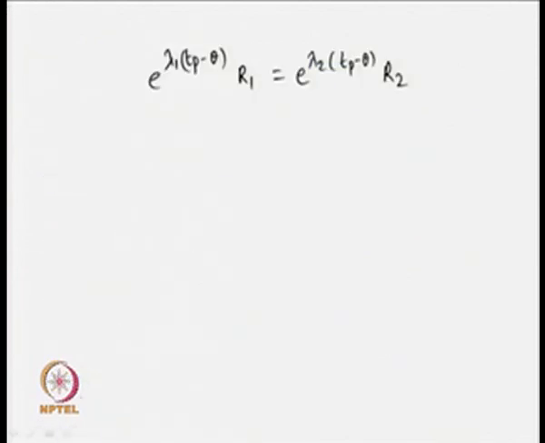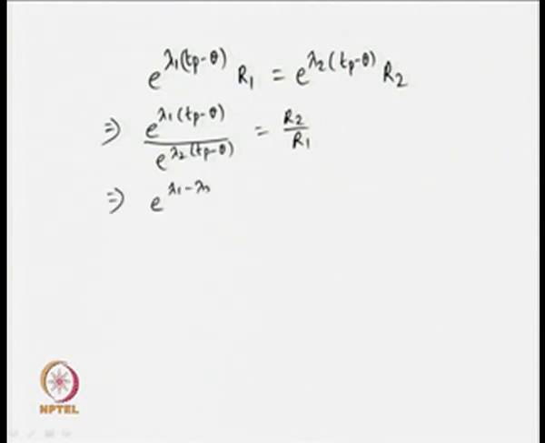Thus, further simplification gives us e to the power lambda 1 (Tp minus theta) upon e to the power lambda 2 (Tp minus theta) is equal to R2 upon R1, or e to the power (lambda 1 minus lambda 2) times (Tp minus theta) will be equal to R2 upon R1.